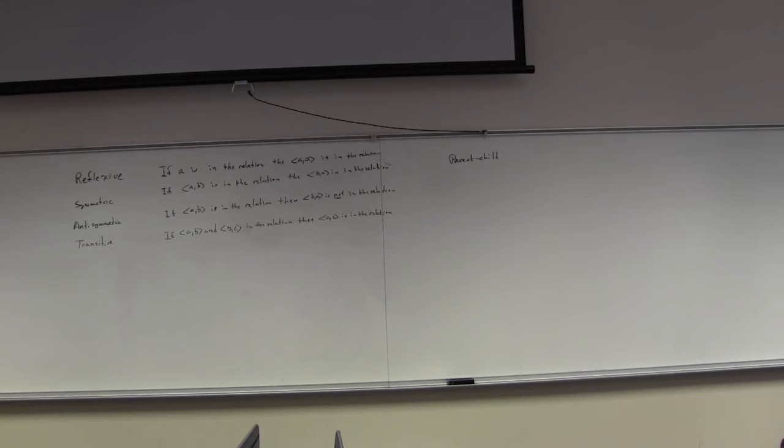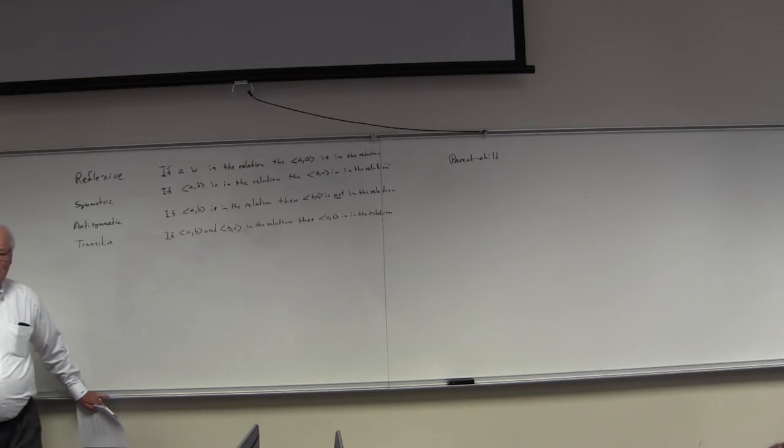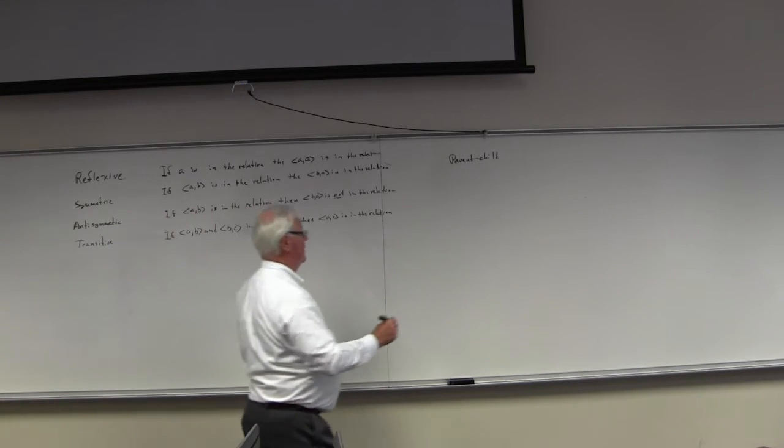So it's not reflexive. Is it symmetric? What would it mean to be symmetric? That a parent who has a child is also the child of that parent? No, you can't go backwards, can you? Okay. Is it anti-symmetric? Yep. Very good. It is anti-symmetric, isn't it?